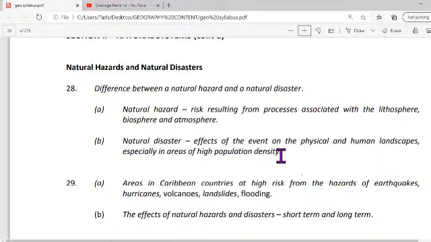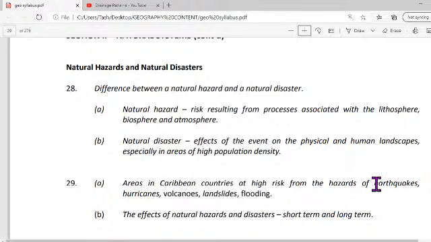But if you had one person dying, it would seem as if it is not as terrible because only one person died. That's how, when you're looking at disaster and risk management, it would be looked at, right? So natural disasters, you're talking about the effects of the event on the physical and the human landscape itself. So let us look at them individually.